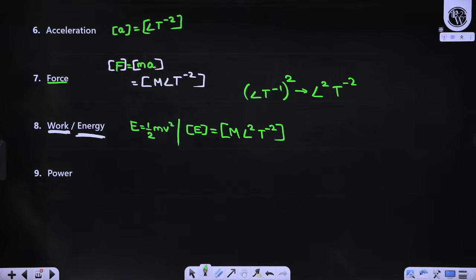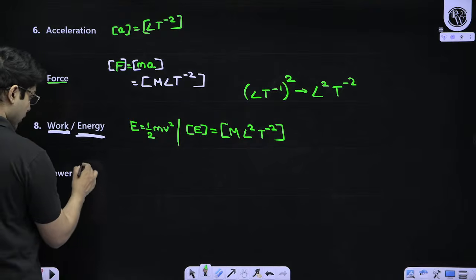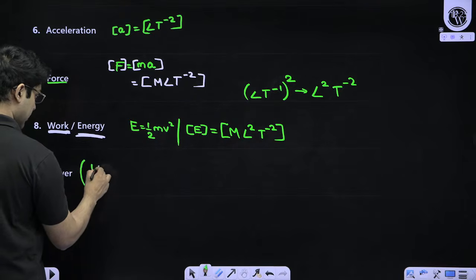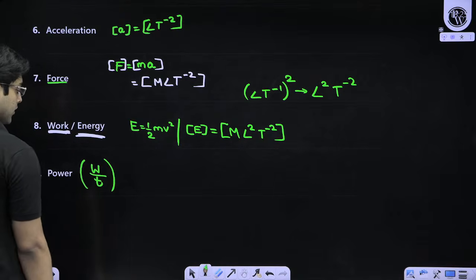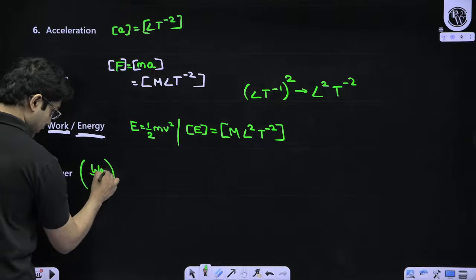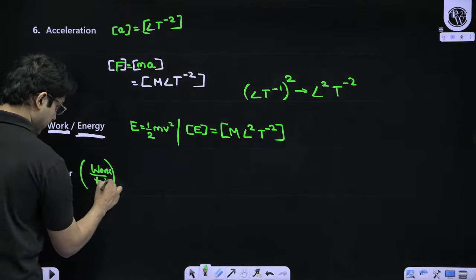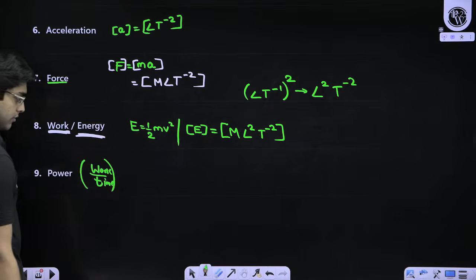And power. So power, for now, just remember it as the rate of doing work. We'll see the exact definitions in work, power, energy. But for now, just remember it as work by time. And work has the same unit as energy, right?